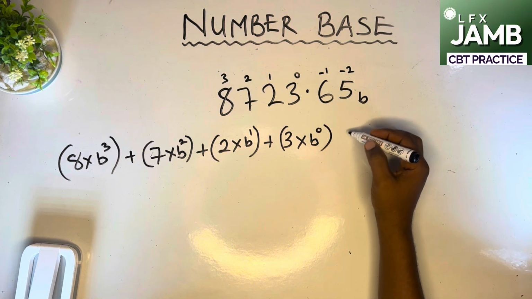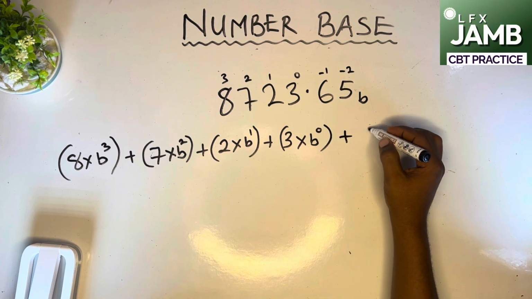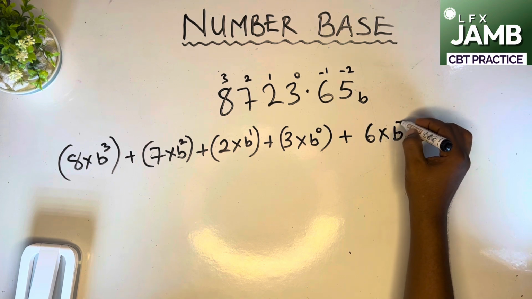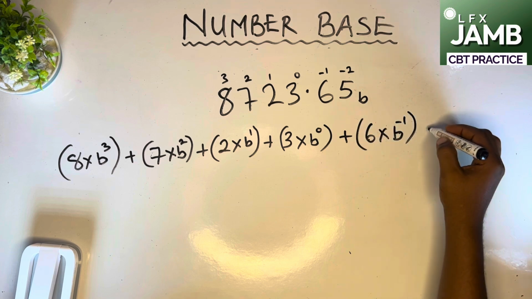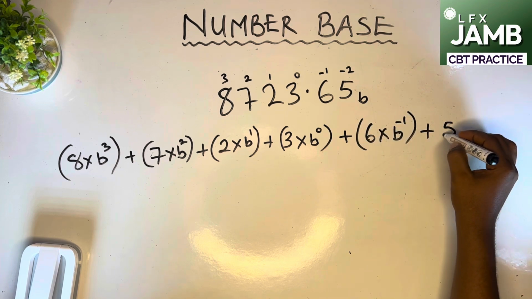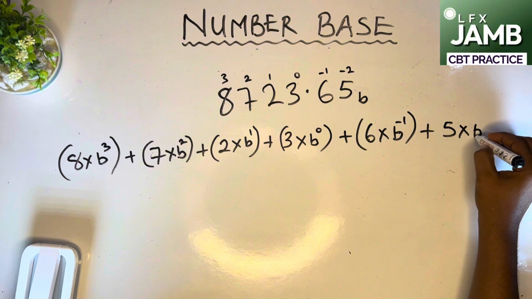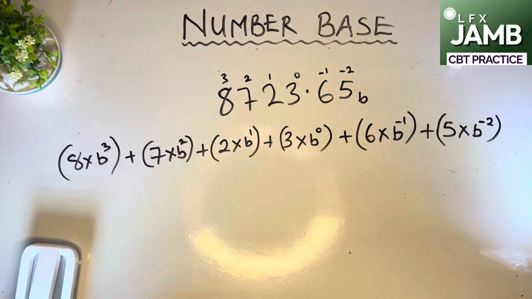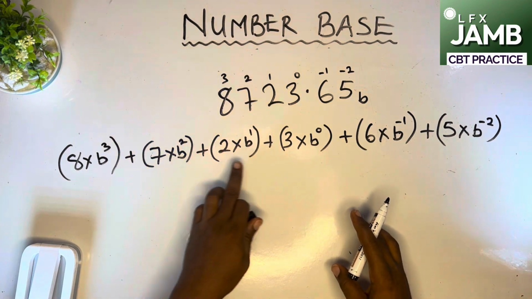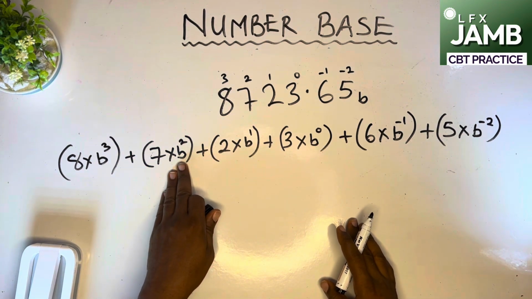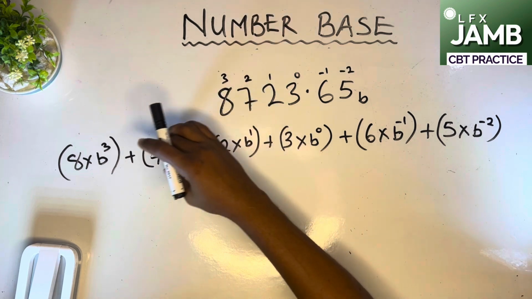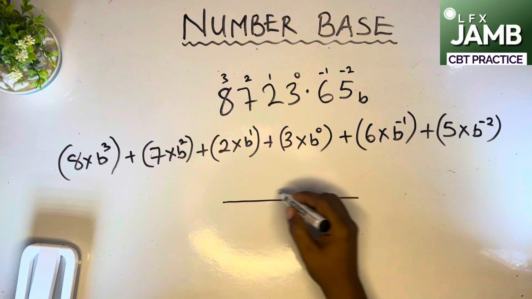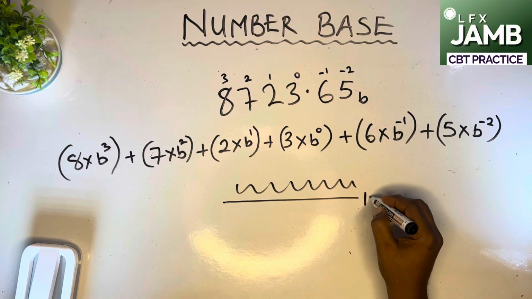Then for the fractional part, we put plus 6 times b raised to the power of minus 1, plus 5 times b raised to the power of minus 2. So assuming this was a given base, let's just say base 9, we can plug this in and punch out the number that gives a base 10 number.